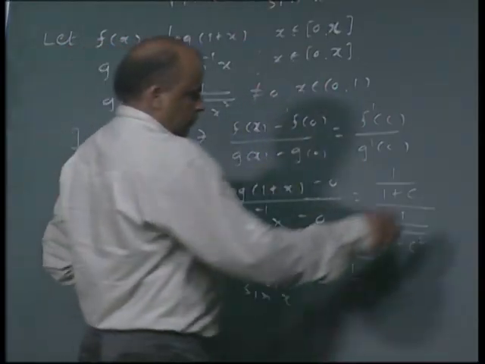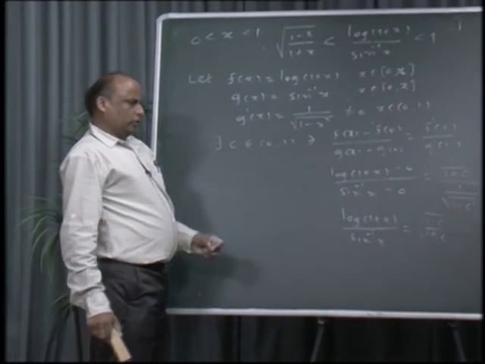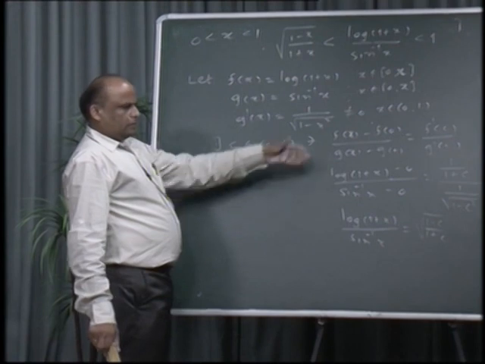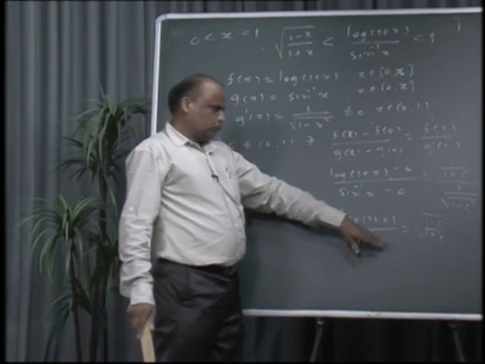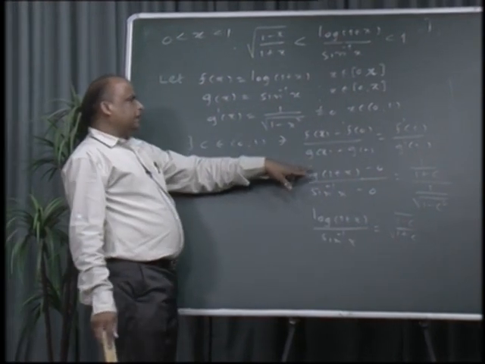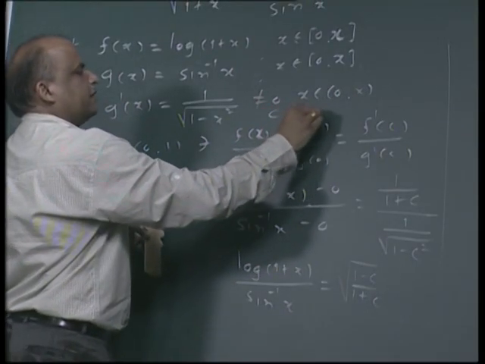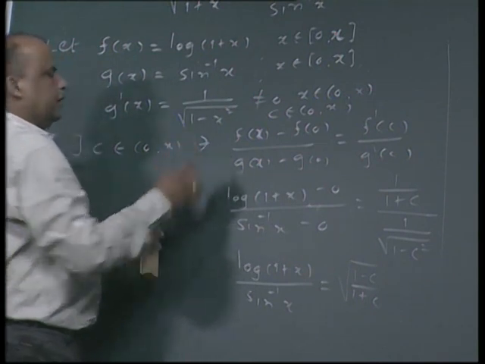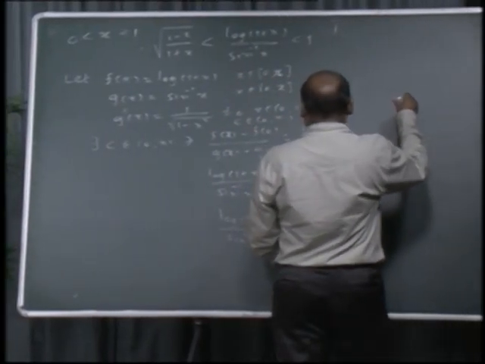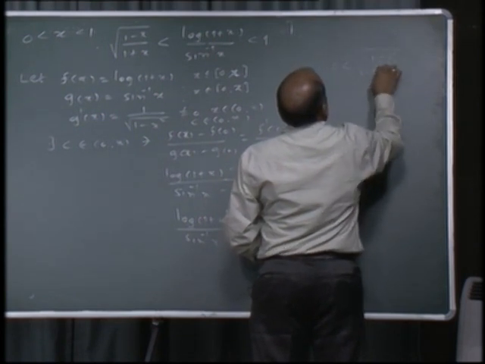Now, because of the time constraint, I am not developing that inequality, but my previous speaker Ramesh bhai already showed how to develop the inequality using this. So using the condition on c, that c belongs to (0, x), one may derive this inequality, and one can prove that this value is always between 0 and 1.